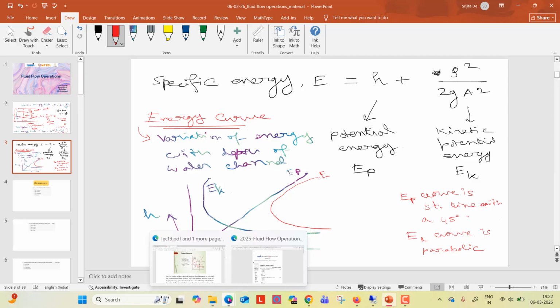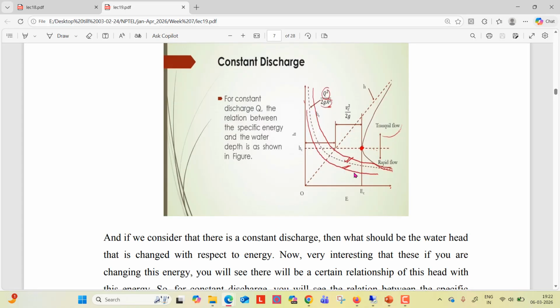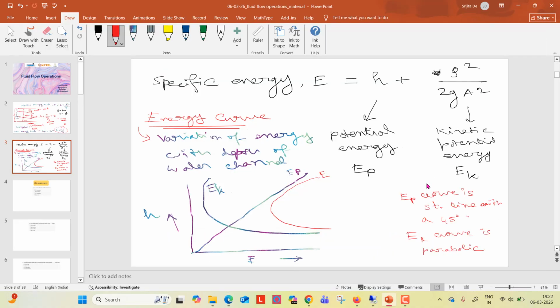What else is there in this curve? Now you can see that for the specific energy curve, this is the lowest point.